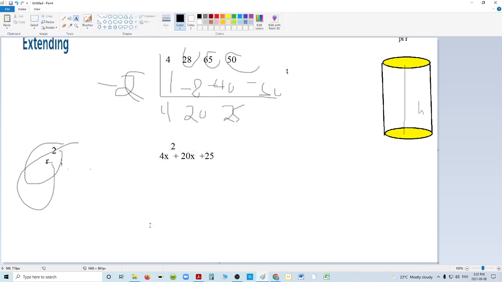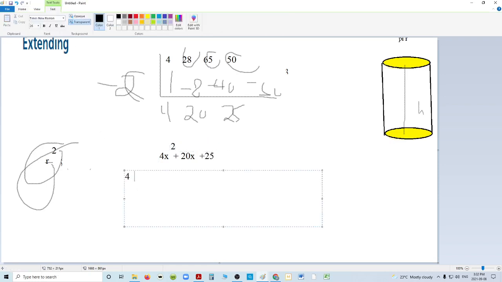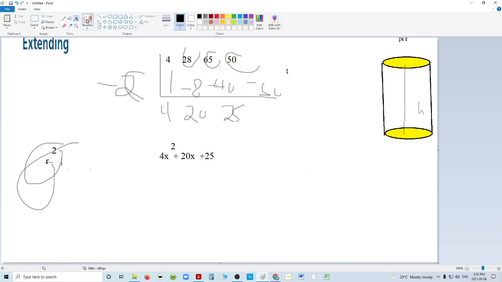But we can factor 4 out. We're left with 4x squared plus 5x. Oh, we can't factor 4 out at the end. Close, no cigar. But we can either use our quadratic formula, or we can see 4 times 25 is 100.